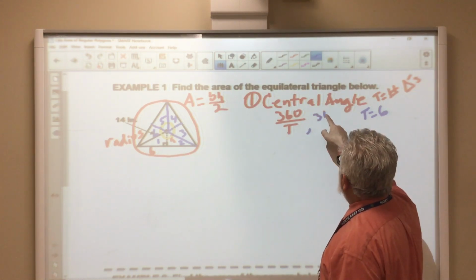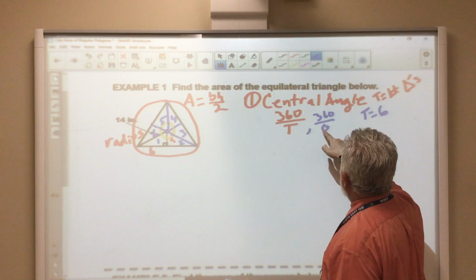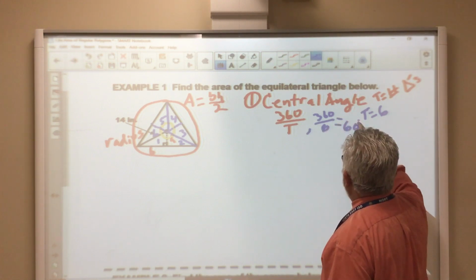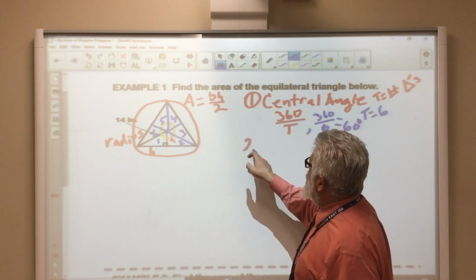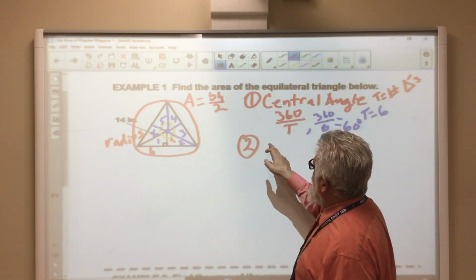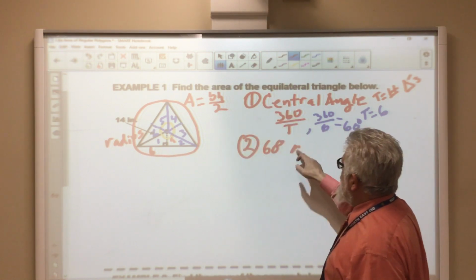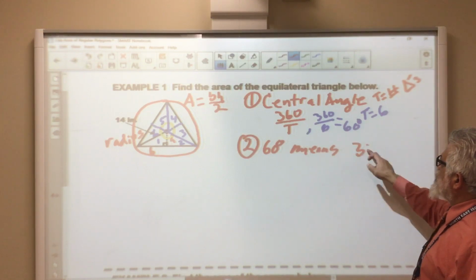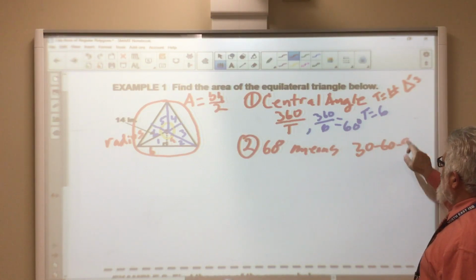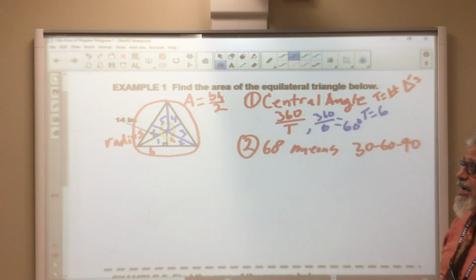So I'm going to take that 360 divided by 6, and I'll get 60 degrees. So my second step will be that 60 degrees means that we're going to use the 30, 60, 90 special right triangle.